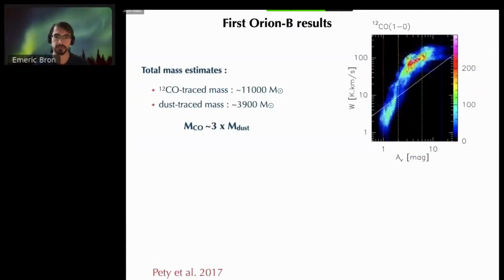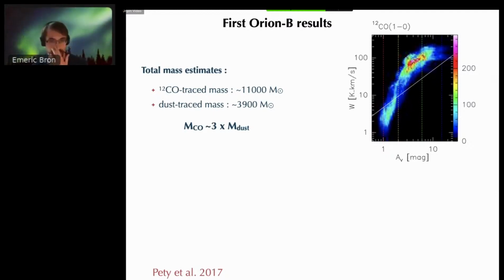For instance, one very common question is how to estimate the mass of molecular clouds, because most of the mass of a molecular cloud is in molecular hydrogen, which is for most of it not directly observable. So people use indirect tracers of the cloud to trace the total amount of matter, and they can use, for instance, CO emission or dust emission.